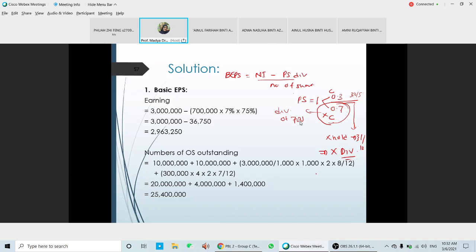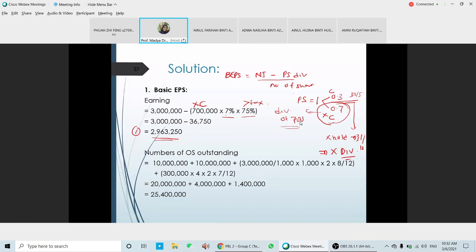The one entitled to dividends here is only the one not converted, which is 700. So 700 times 7%, and then times 75% because you want to find the amount net of tax. So the 3 million minus 36,750. This will be your new earnings.